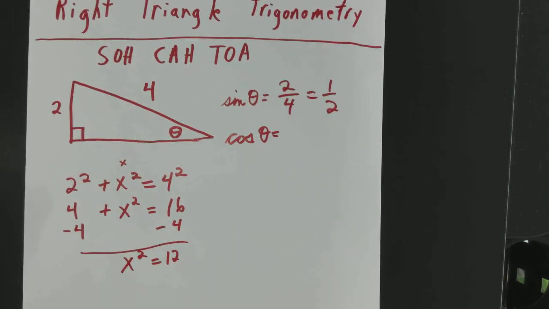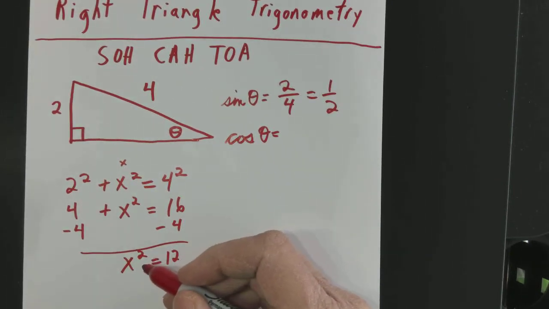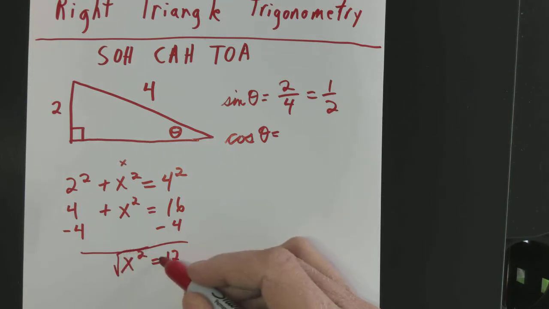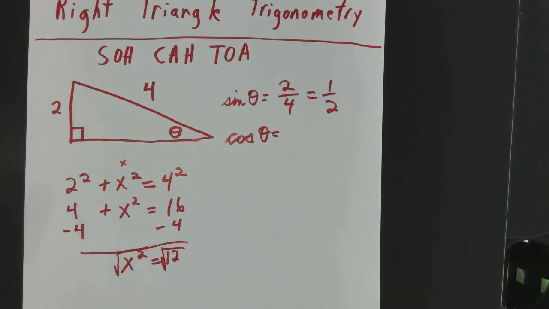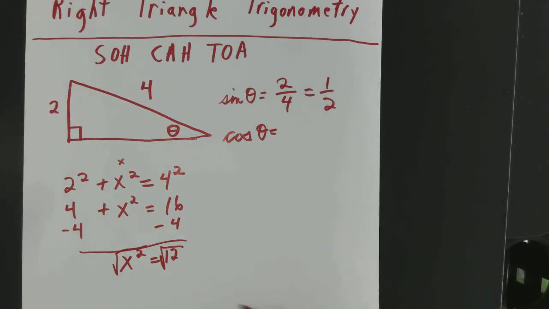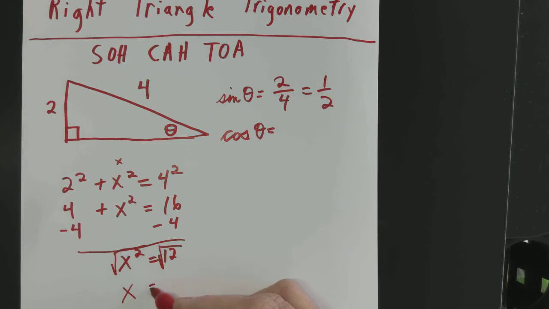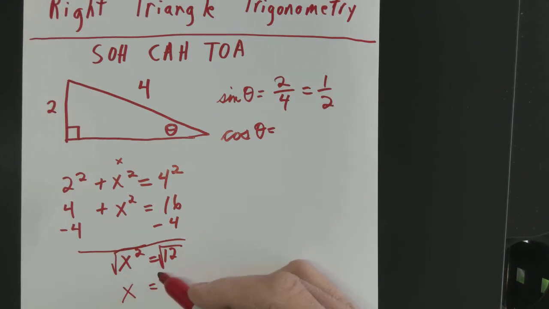What do I need to do now? Square root. Okay, we're doing exact. We're going to do everything exact right now. So I'm not going to just press it in the calculator and see 3 point something or other. Okay, and I'm also excluding the negative root because we're talking about the length of a side of a triangle.